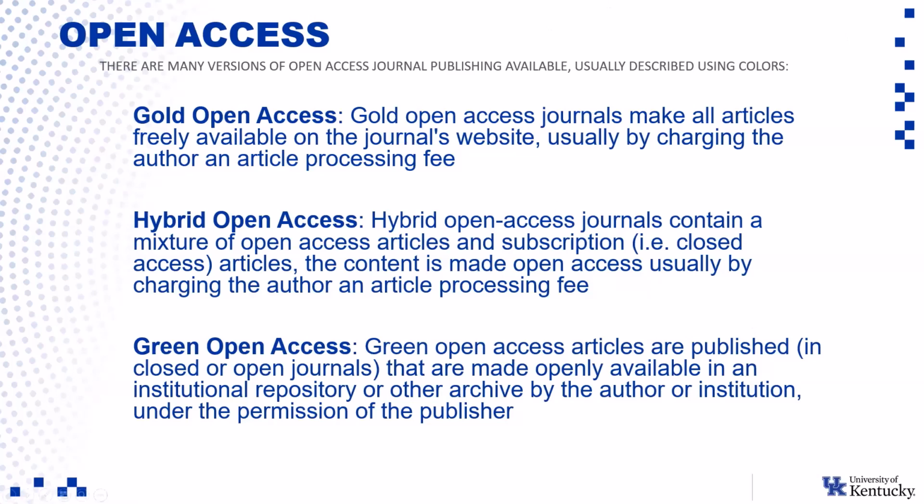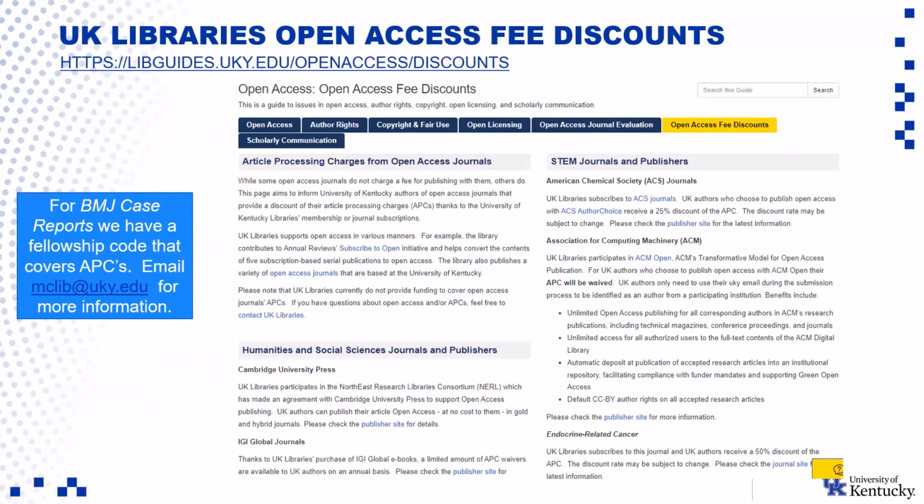I am going to go to the next slide and talk about the UK Library's open access fee discounts. While some open access journals don't charge a fee for publishing with them, others do. So this page aims to inform University of Kentucky authors of open access journals that provide a discount for their article processing charges, thanks to the University of Kentucky Library's membership or journal subscriptions.